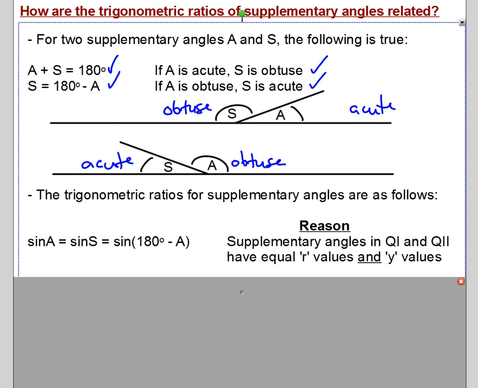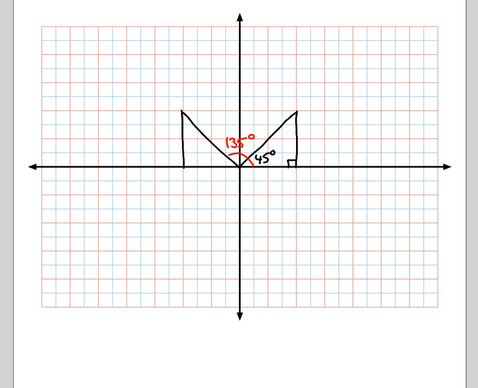And I'll illustrate this with a simple diagram. On this coordinate grid I've drawn two angles. The first angle is an acute angle, 45 degrees, and the second angle would be its supplement, 135. I know that they're supplementary because they add to 180 degrees.